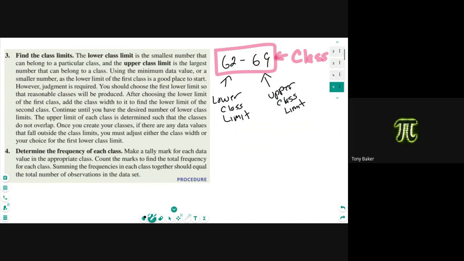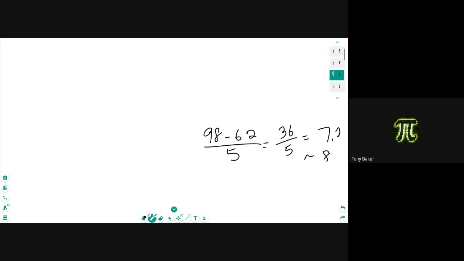What would my second class start off at? 70 to 77. So I'm going to start off at 70 and go to 77. Good. Next class. Okay. How many classes did I need? How many classes did I say we were going to have?